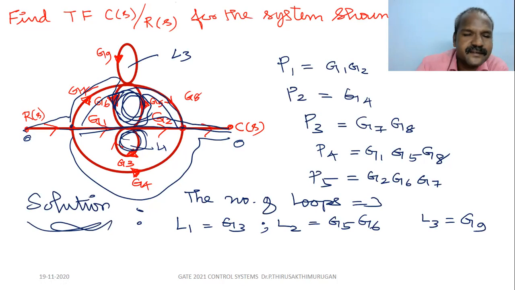So how many non-touching loops? Let us find. See, there are 3 loops. So how many possible non-touching loops? This loop and this loop are not touching, so L1 and L3.